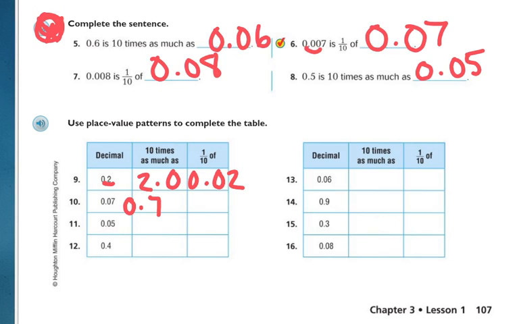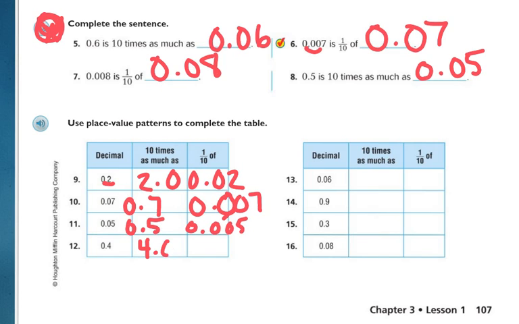Then we're going to make it a smaller number, so we're going to say 0.007. Okay. On the next one, it's 0.05, so we're going to move that decimal point over, so it's going to be 0.5. And then when we move it back the other way for 1/10 of, it's going to be 0.005.